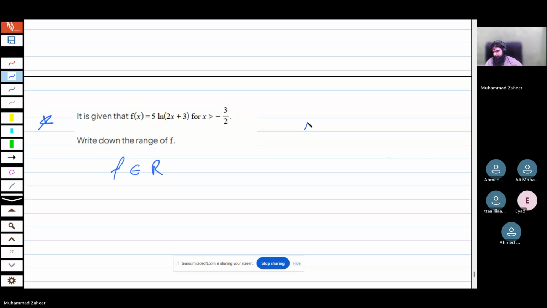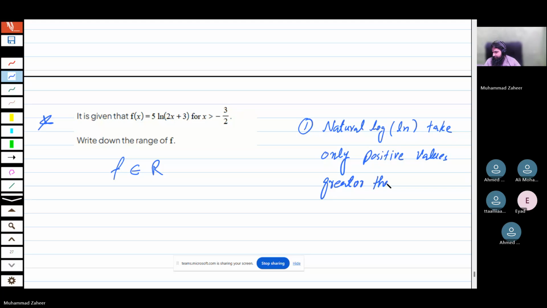So the first point: the natural log takes only positive values, greater than 0.